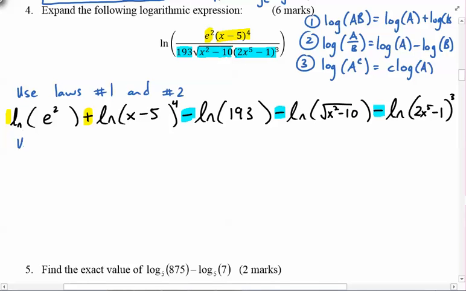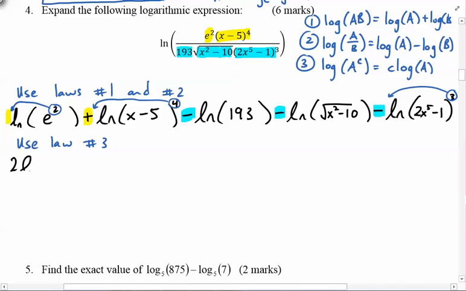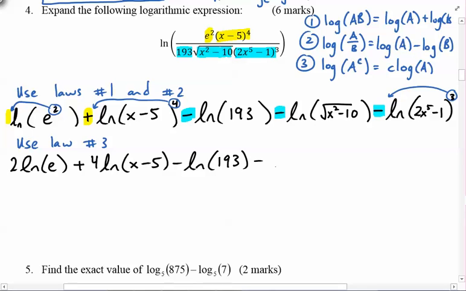And then we're going to use law 3 to take any exponent and make it into a coefficient. So anything that's an exponent on the whole factor can become a coefficient. So this would be 2 natural log of e plus 4 natural log of x minus 5 minus natural log of 193 minus natural log.